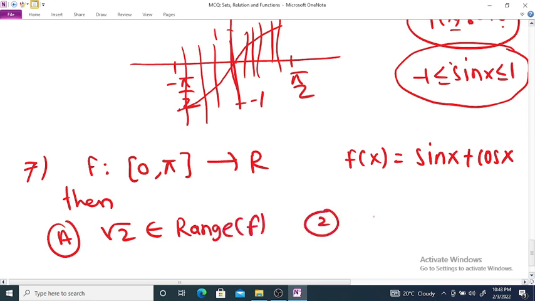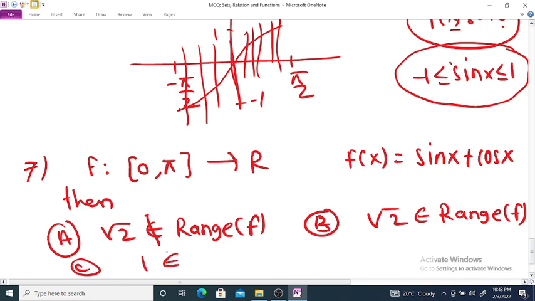Option B, under root of 2 does not belong to the range of f. Option C, 1 does not belong to the range of f, and option D, none. Option 2, -1 does not belong to the range of f.